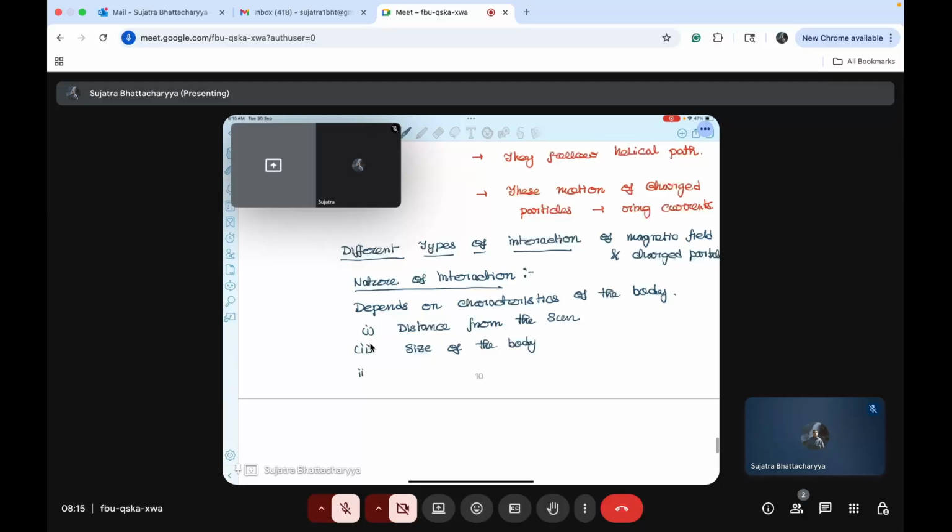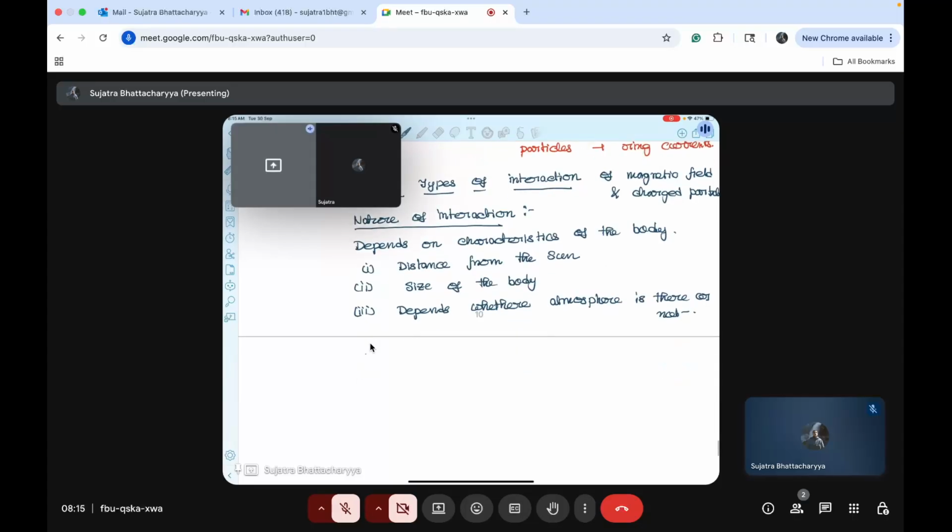Number three, it depends on whether an atmosphere is there or not. And finally, whether a magnetic field is there or not.